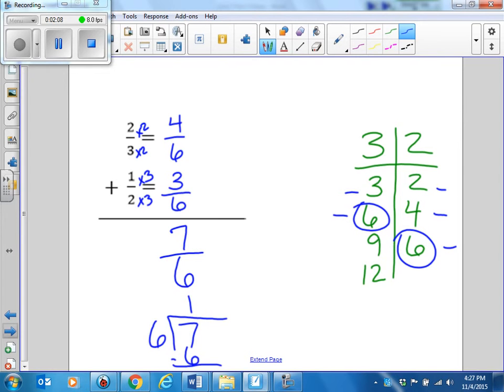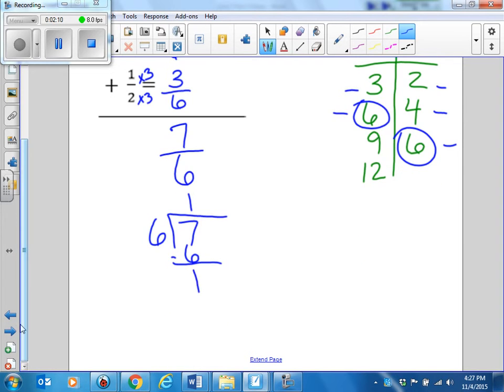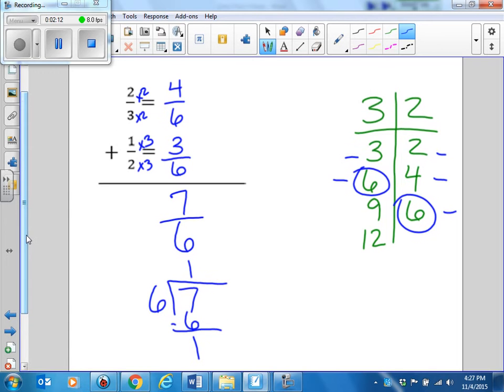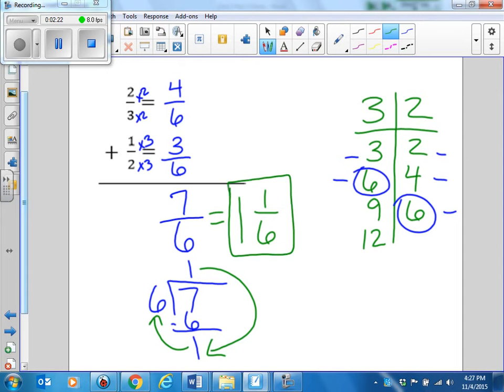I subtract and get a 1, okay? So my whole number is up on top, so we have 1 and 1/6. So this answer is 1 and 1/6. All right? If you need to, go ahead and pause the video here.